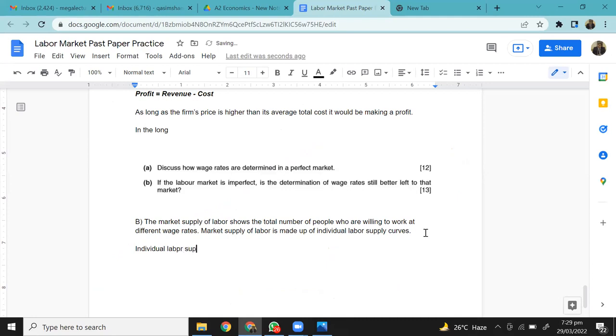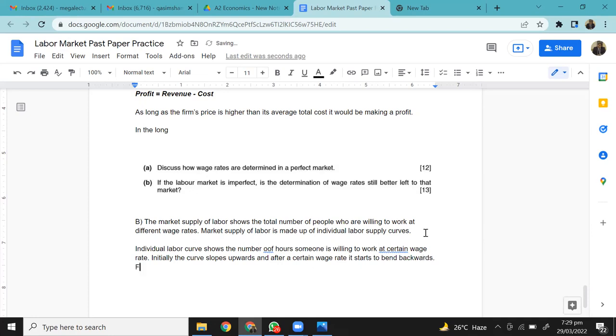Individual labor supply curve shows the number of hours someone is willing to work at a certain wage rate. Actually, the curve slopes upwards, and after a certain wage rate, it starts to bend backwards, right?